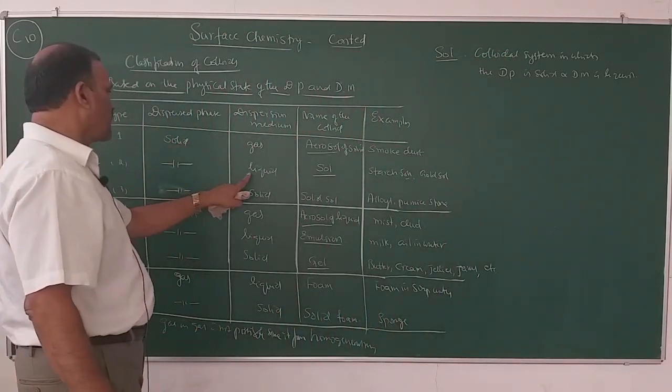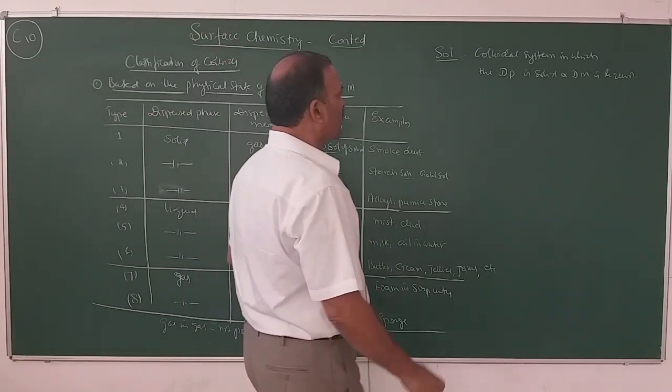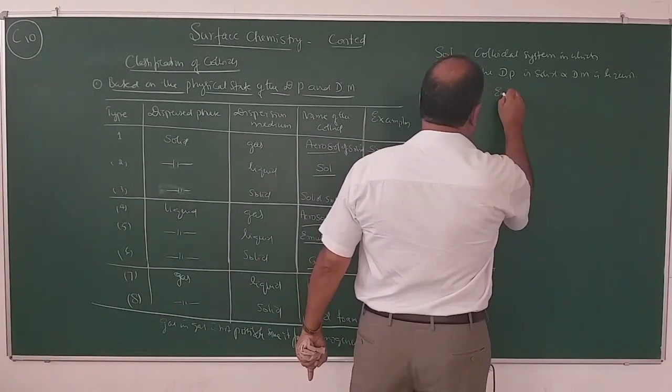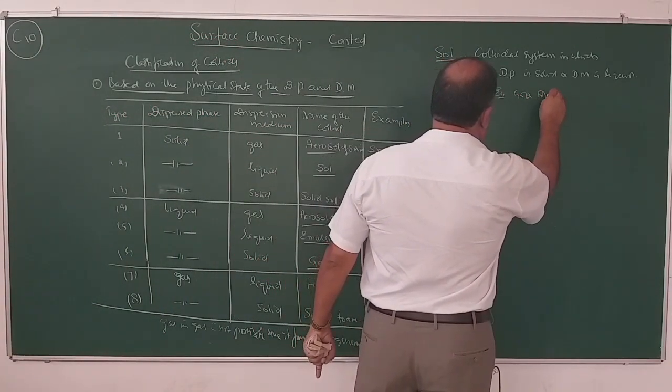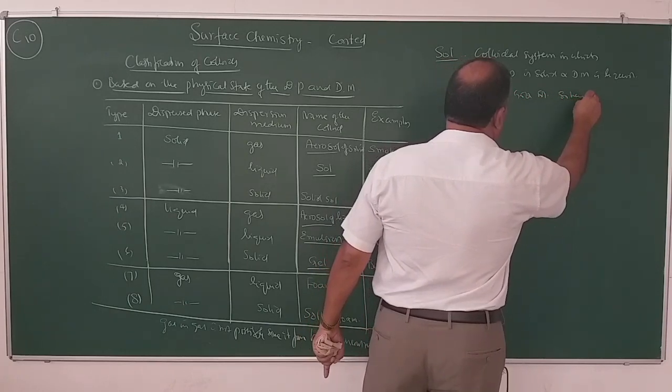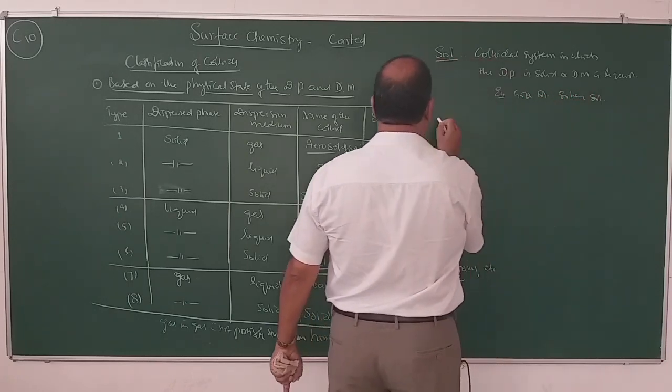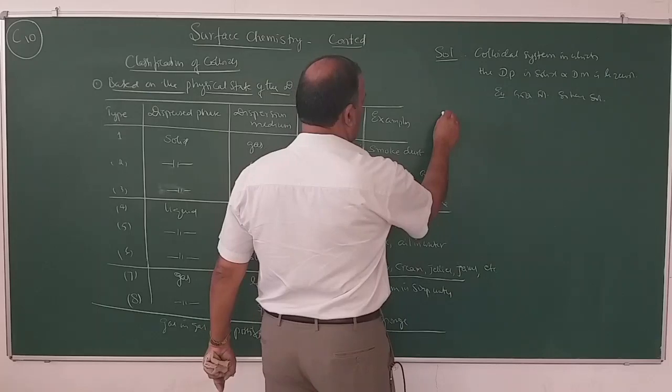Dispersed phase is solid and dispersion medium is liquid is called sol. Example, gold sol, silver sol, etc. And then what is emulsion?